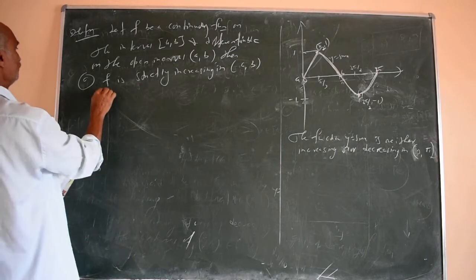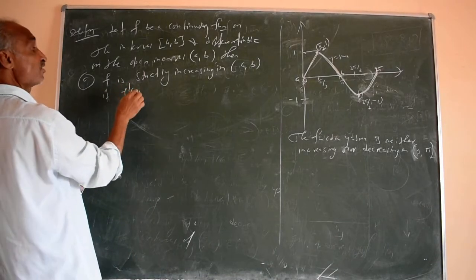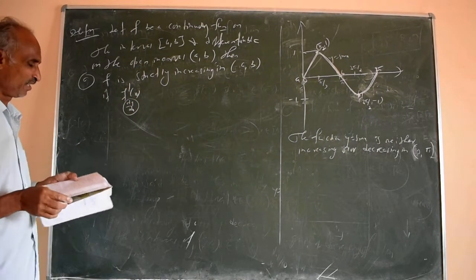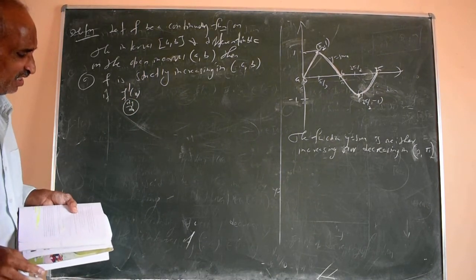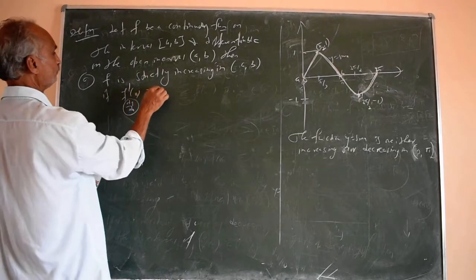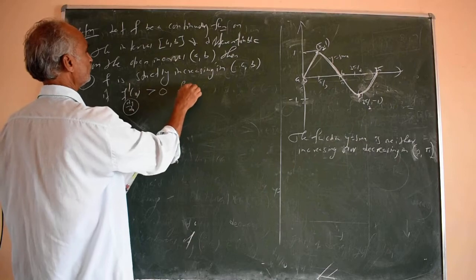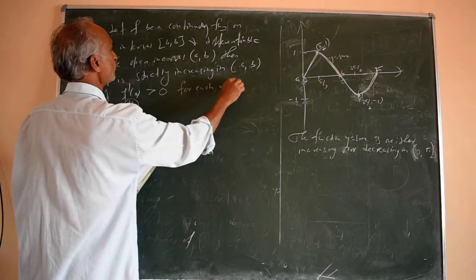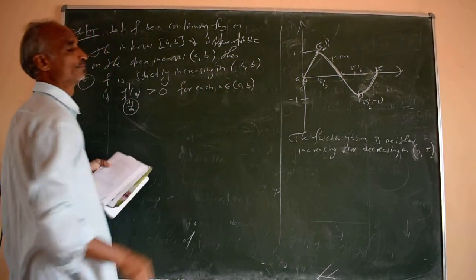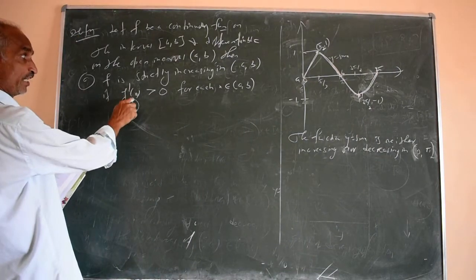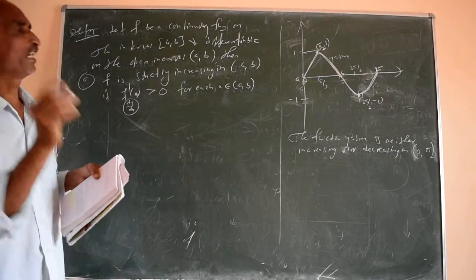If f dash of x, which means dy by dx, is greater than 0 for each x belongs to the open interval A to B, the first order derivative dy by dx should be strictly greater than 0.